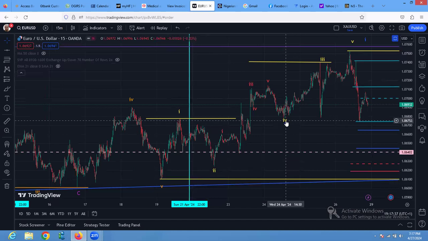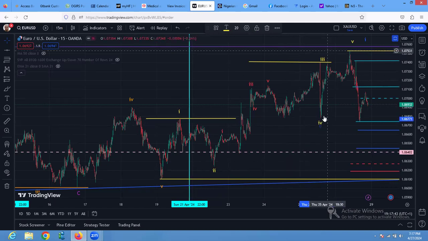So we can even say that this looks like the 4, the AB or the ABC of that 4, and we have the last wave of 5. So if you do 161.8 here, this one agrees with the 161.8 extension of yellow and a wave 5.